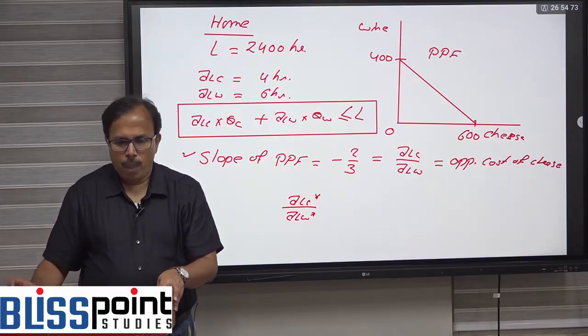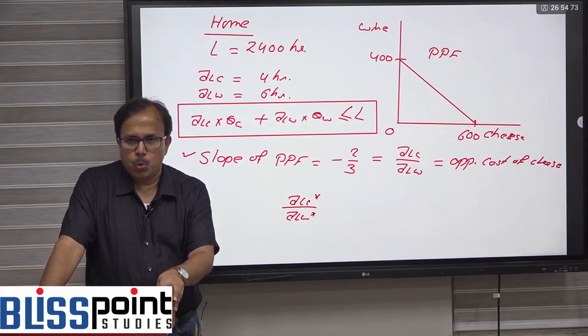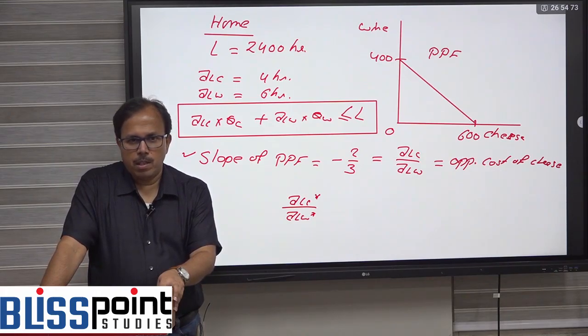Underline that. This approach in which international trade is arising due to difference in productivity of labor is known as a Ricardian model of international trade.